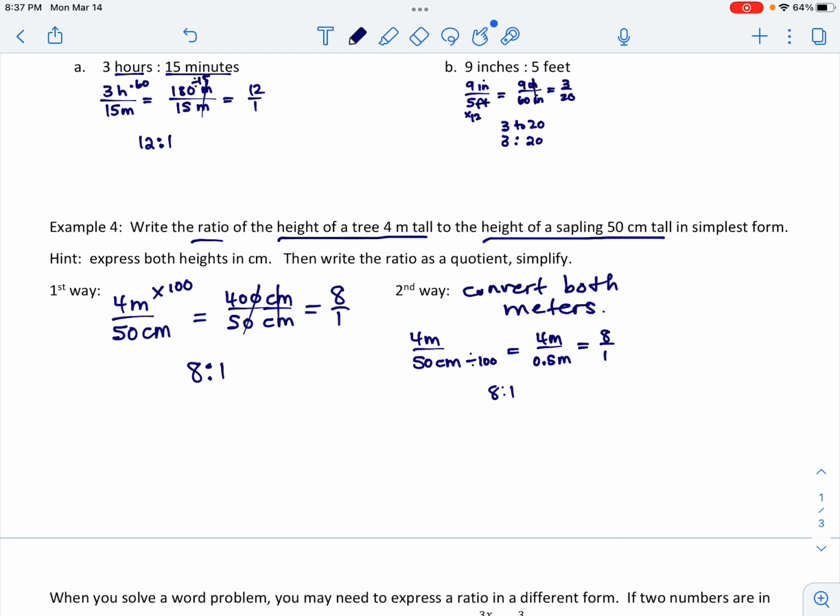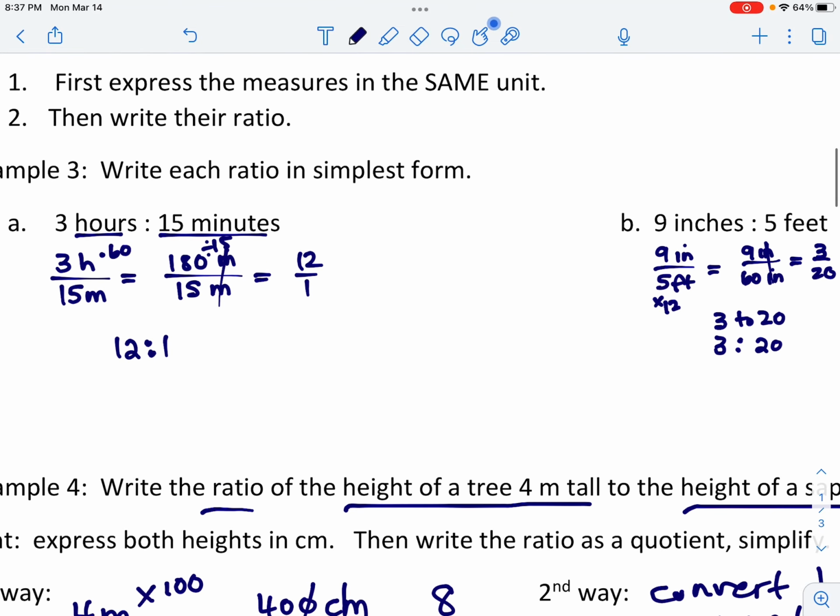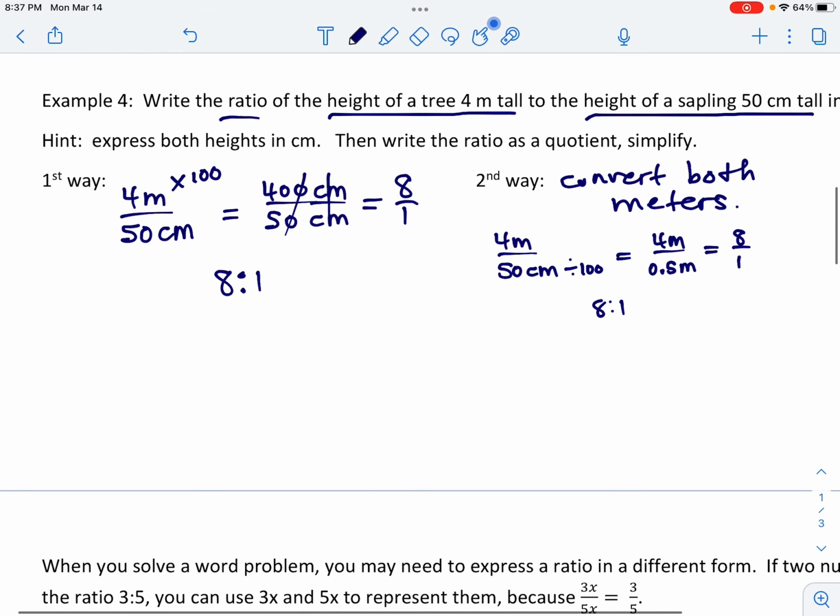So either way you do it, you should be able to get both answers. It's just some conversions are easy to do, but these ones up here, it doesn't make sense to convert them all to hours because 15 minutes is such a small amount of an hour. It's not impossible, we can do it, but it just doesn't make sense to do that.